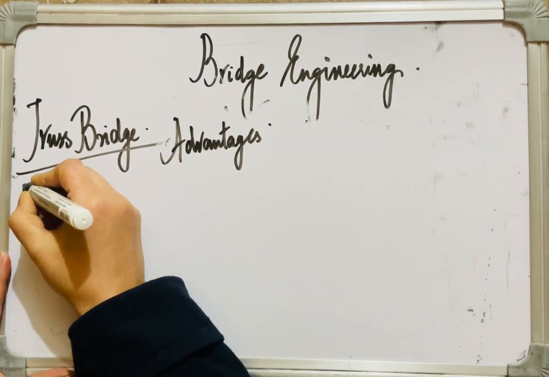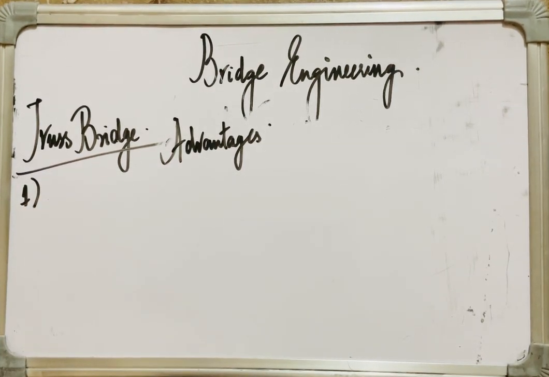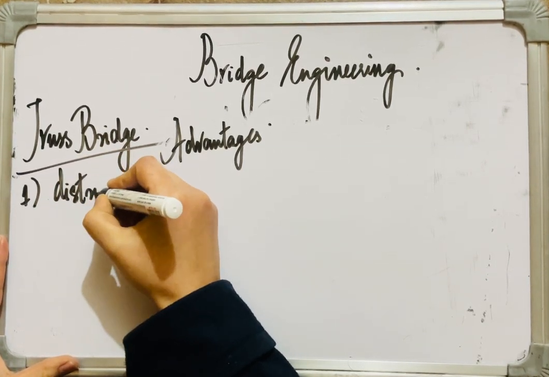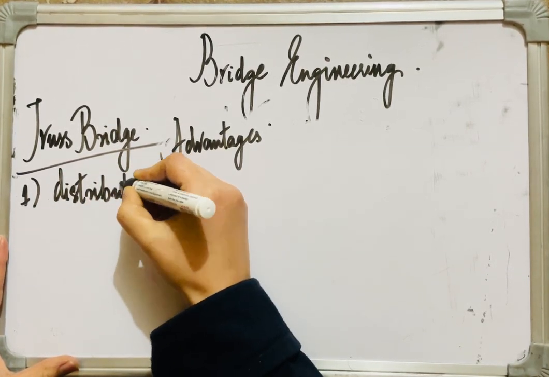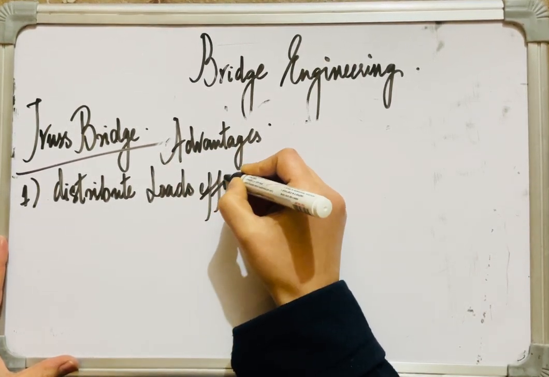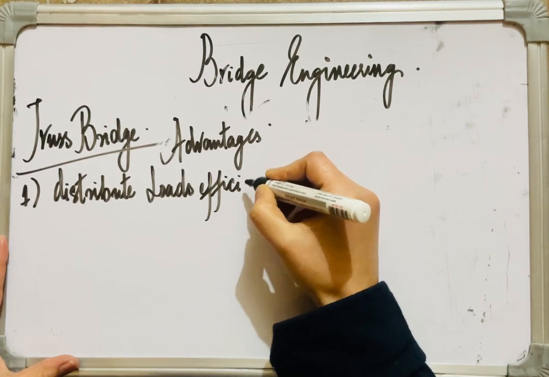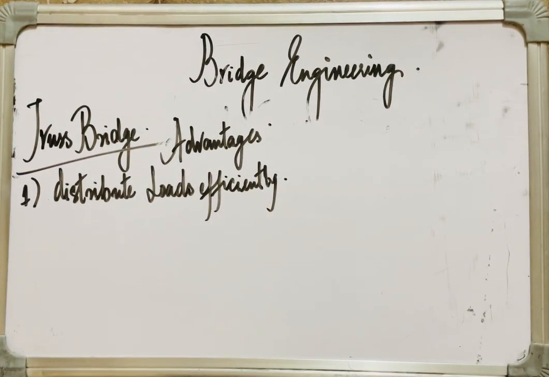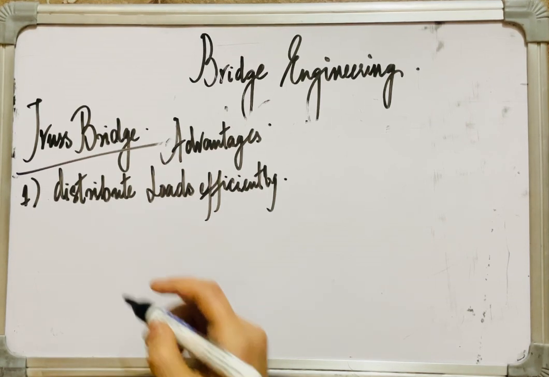The first one is that they are known for their ability to distribute loads efficiently. And this triangular shape of trusses makes them structurally stable.